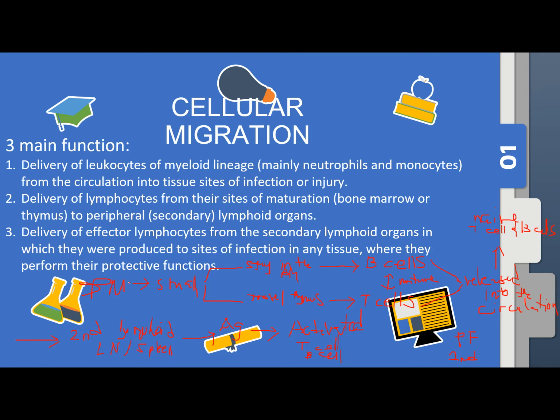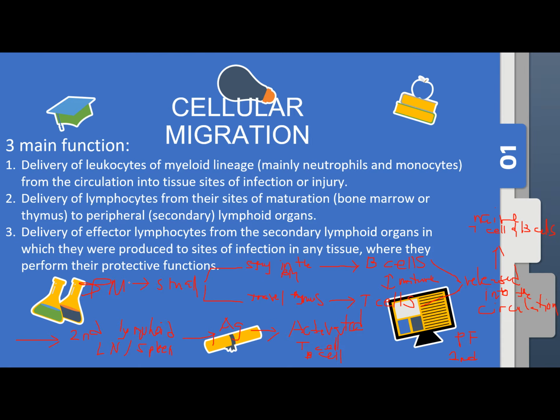Now, as they circulate in the peripheral blood, they would enter the secondary lymphoid organs, such as the lymph node and the spleen. There, they can encounter an antigen, and that antigen would make them become activated T cells and B cells.